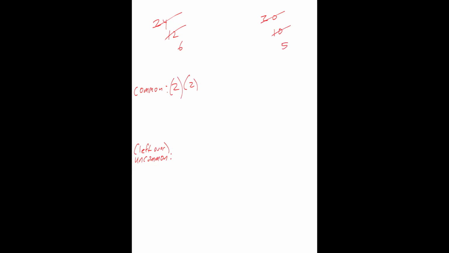Is there anything else that's in common? Well, there is a 2 in 6, but there's no longer a 2 left in the 5. So there isn't even 2 or 3 or anything that's in common now. So left over is 6 and 5. So if you multiply together only the common ones, 2 times 2 equals 4, you'll get the greatest common divisor.